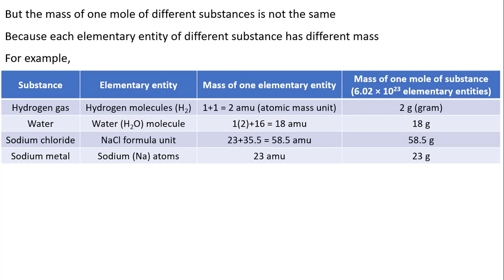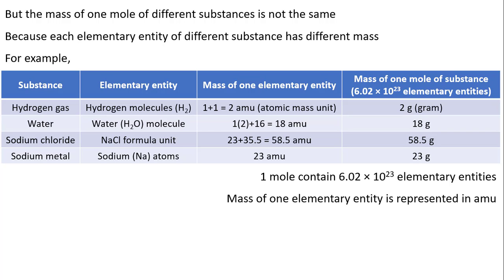And from that we can conclude that one mole contains 6.02 times 10 to the power 23 elementary entities. That's what we are discussing from the beginning of this video, and that particular number, 6.02 times 10 to the power 23, is going to be Avogadro's number. And now let's talk about the mass of one elementary entity.